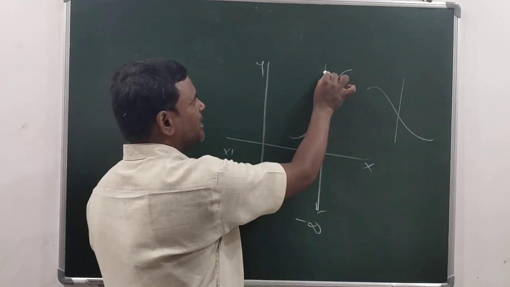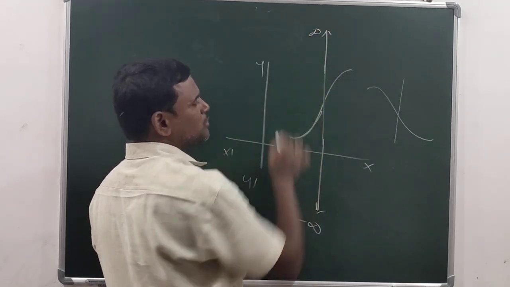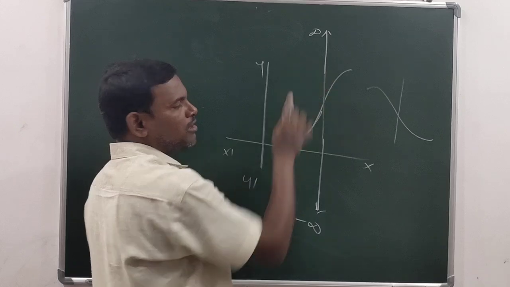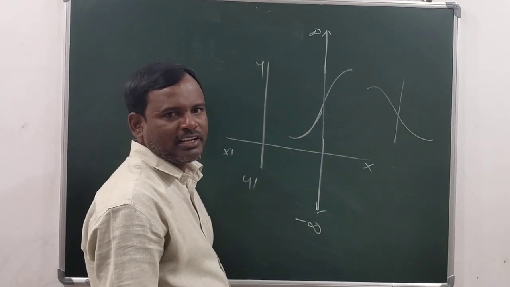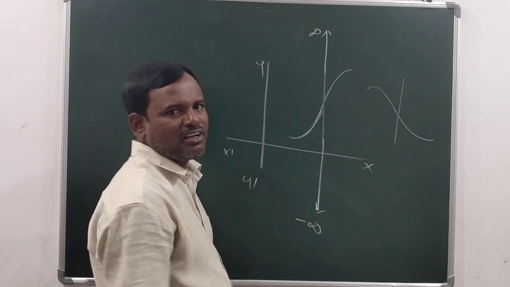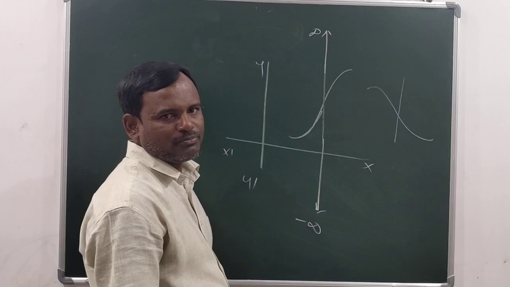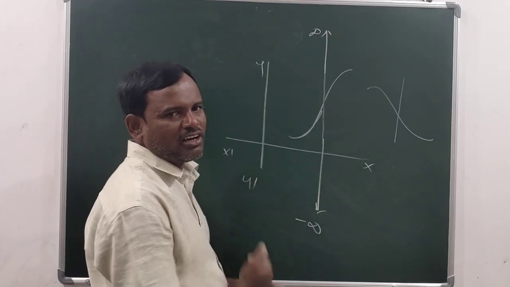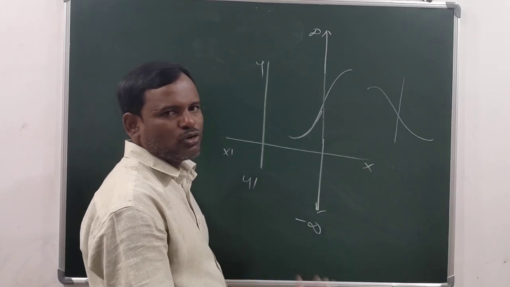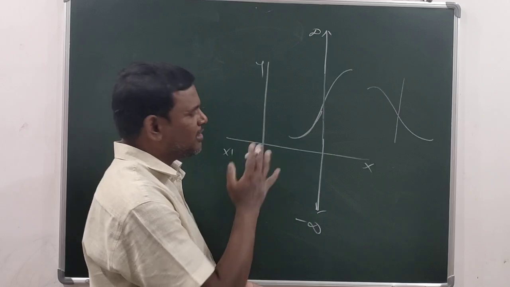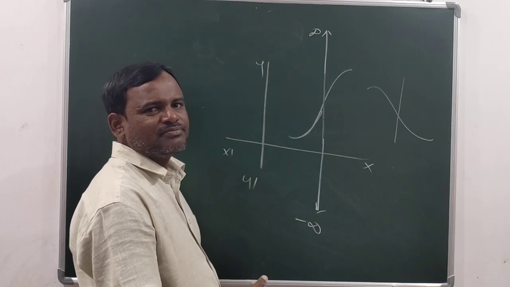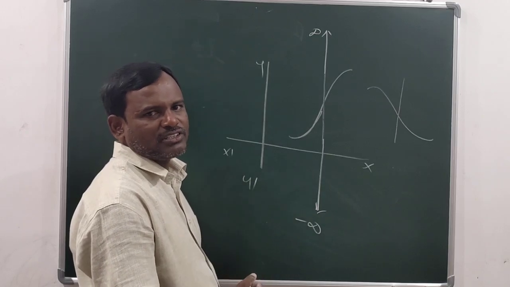If you find the right-hand derivative, it attains positive infinity. Both are not equal, and both are not real numbers. Hence, this is not differentiable. Actually, there is no need to check all this. If the slope is not defined, then you can comment that the function is not differentiable.